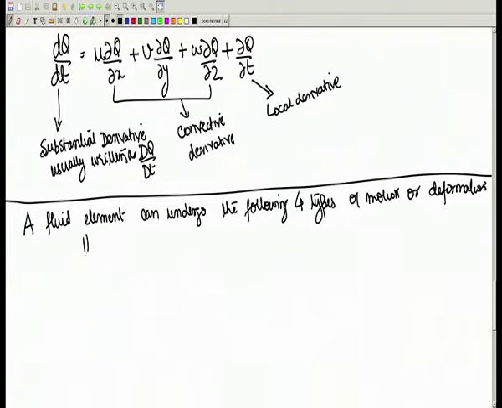What are those? Of course, it can do translation. Translation is moving from one point to the other.